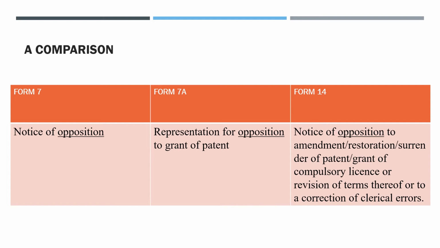If we go to the old slide where we discussed form number 14, where we were establishing the relationship between form 14 and the relevant rules and sections, there we can find that the first section we need to talk about is section number 57.